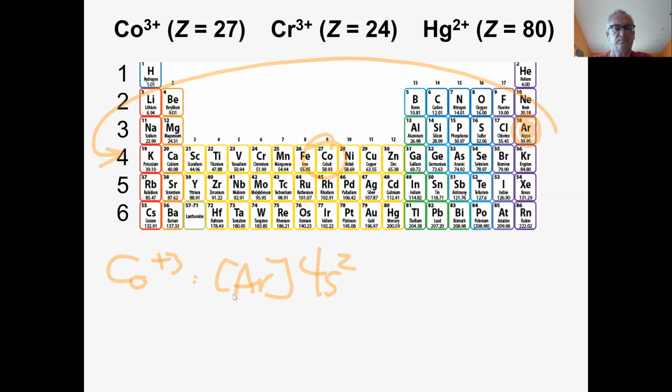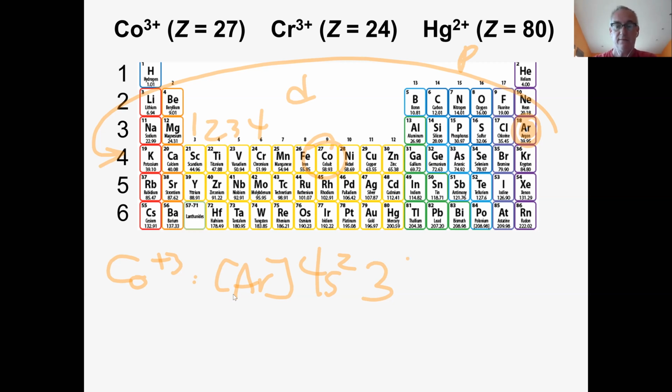Then what? 3d4, sorry. Yeah, we're into the d block. So now we're in the d block and we're adding 4 more electrons, right? We're not adding 7 because we've lost 3 electrons. So we only need to add 1, 2, 3, 4.